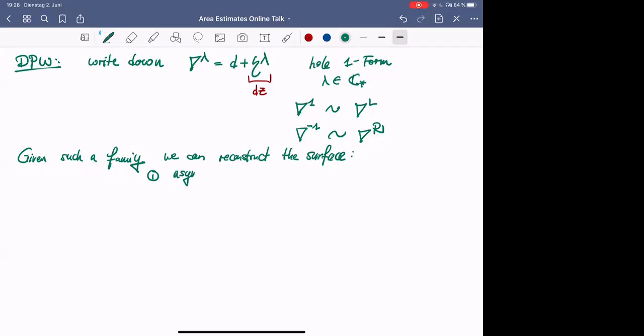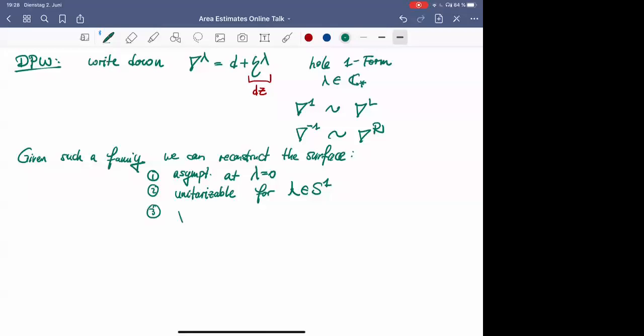First of all, the asymptotics at lambda equals 0: it should have a pole-like singularity at lambda equals 0. Second, it's unitarizable for lambda in the unit circle.